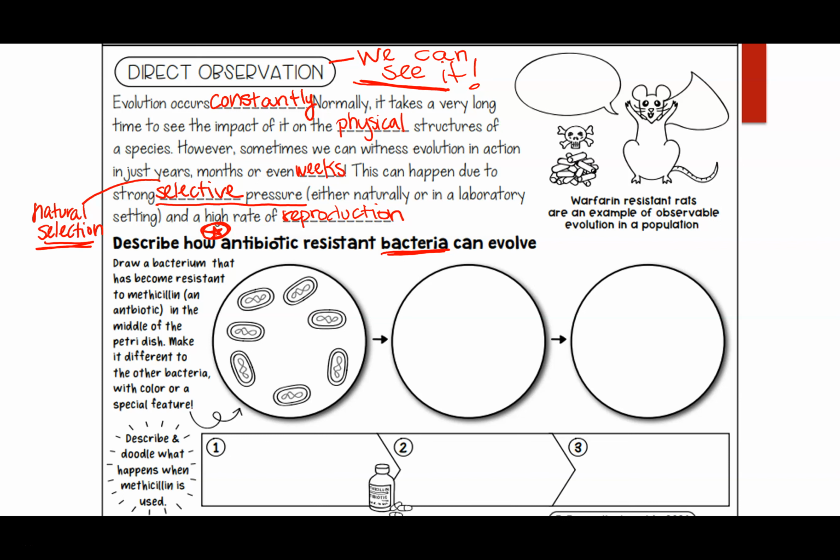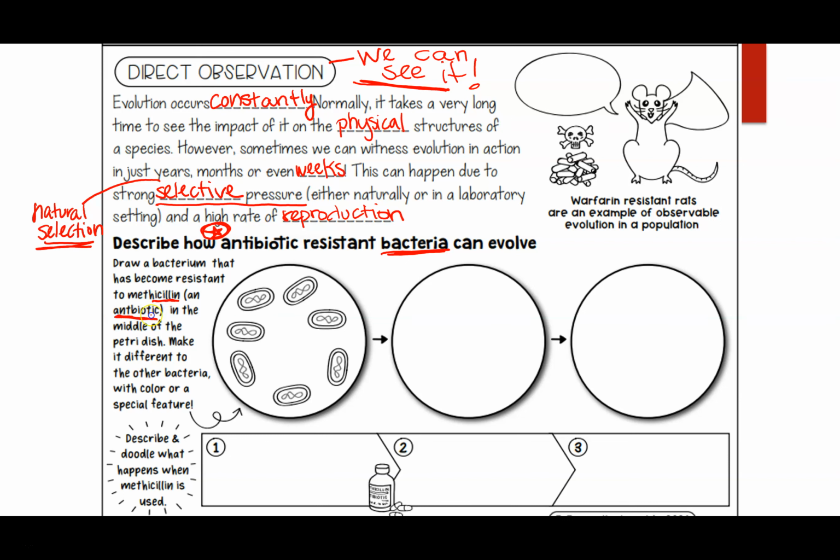All right. So we have bacteria that has become resistant to methicillin. It's an antibiotic. You know, when you get an ear infection or something like that, the doctor prescribes amoxicillin, okay? Or sometimes maybe you've had penicillin, okay?